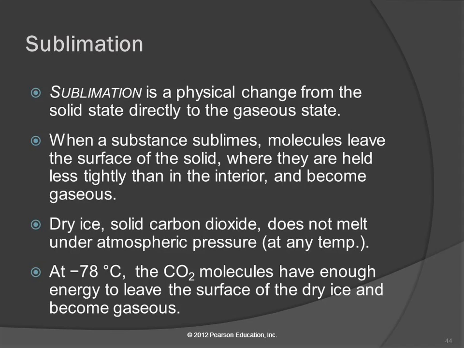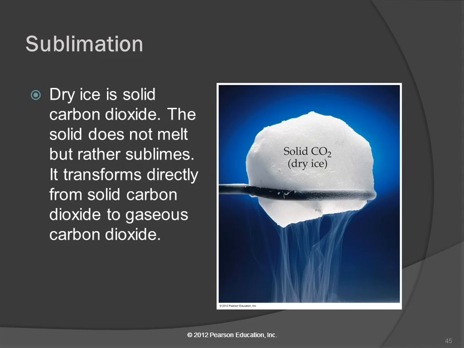So, let's look at this picture. Here's a picture of dry ice. The reason it's called dry ice is because it doesn't melt. Carbon dioxide does not melt. You cannot have liquid carbon dioxide at room temperature.